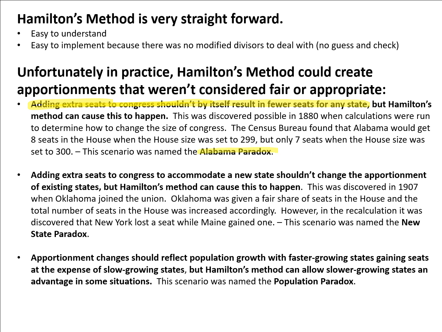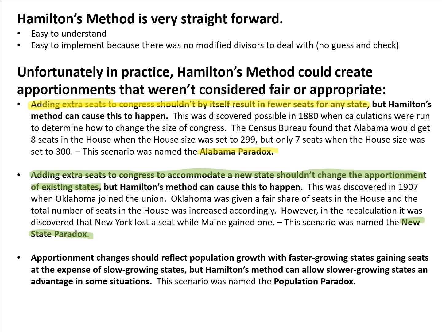Another thing that happened that they saw, or they thought of as being fair, that Hamilton's method violated, they thought adding extra seats to Congress to accommodate a new state shouldn't change the apportionment of existing states. But occasionally Hamilton's method would allow this to happen, and they actually ended up calling this the new states paradox.